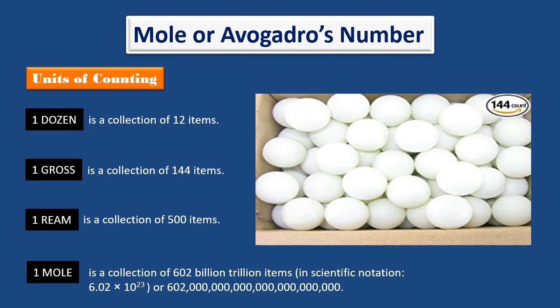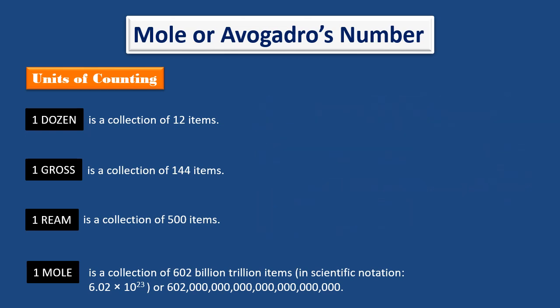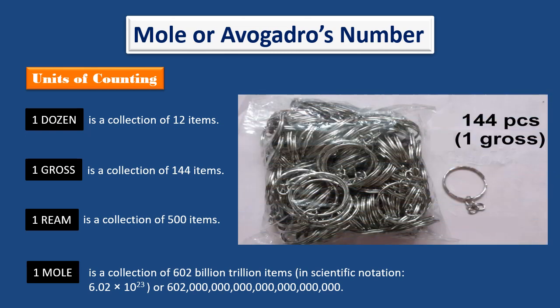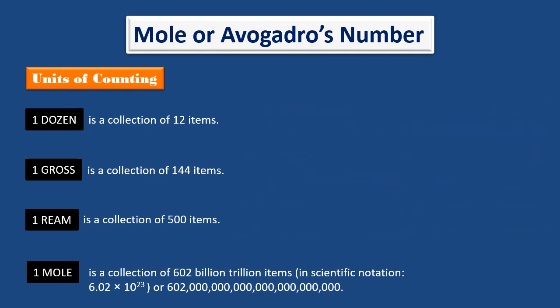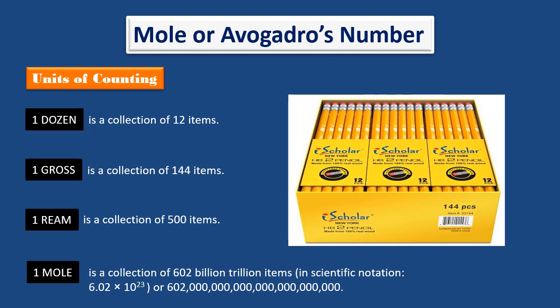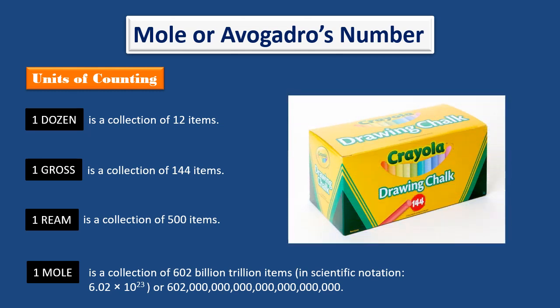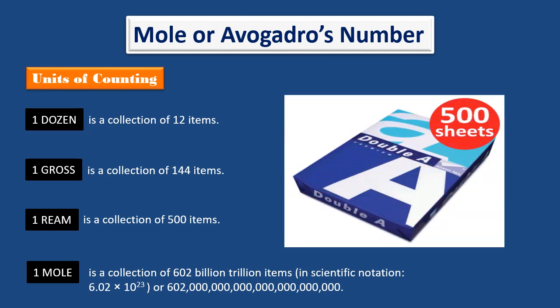There are 144 eggs in this box, or you can say 1 gross of eggs. 144 pieces of keyrings is equivalent to 1 gross. 144 pencils means 1 gross of pencils. Likewise, 144 pieces of chalk, or you can say 1 gross. Similarly, a packet of 500 sheets contains 1 ream of sheets.